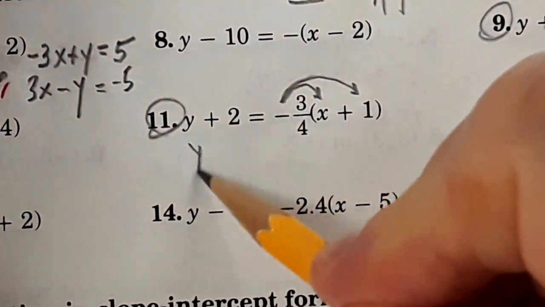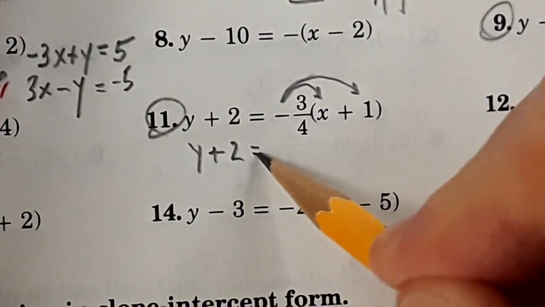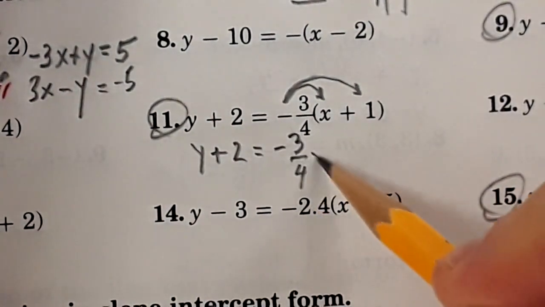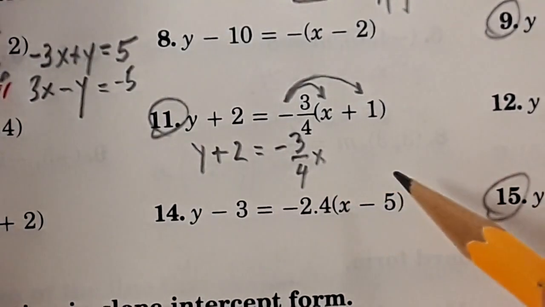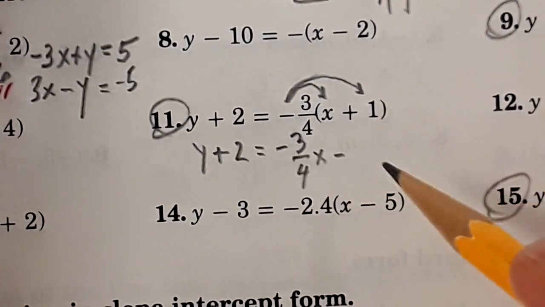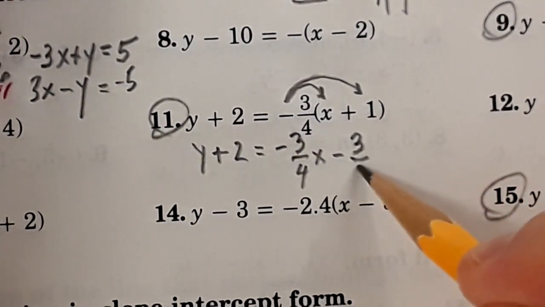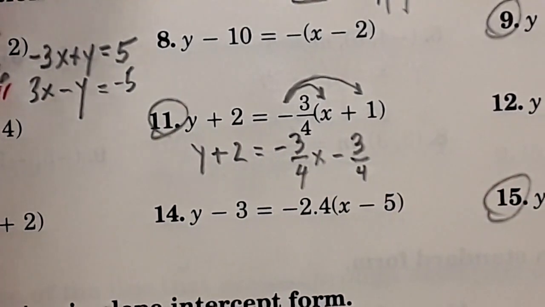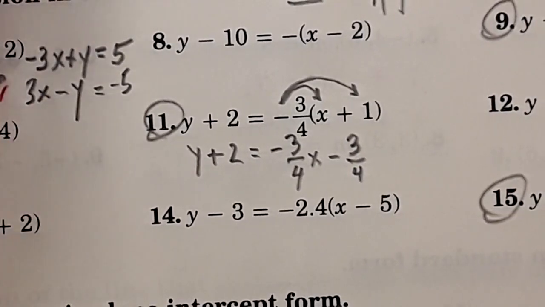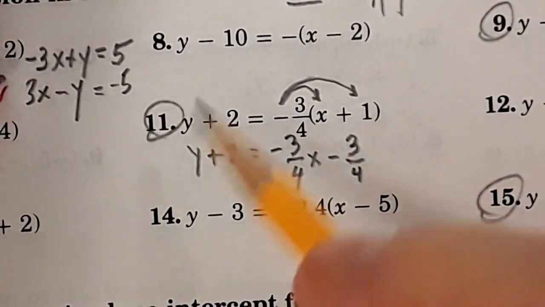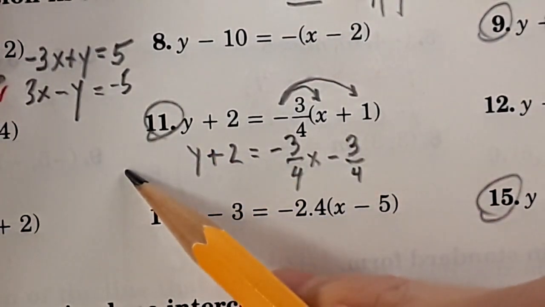So you get y plus 2 equals -3/4 x what? Minus 3/4, right? All right, this is ugly, isn't it? We could do the first step by adding 3/4 x to both sides, right?